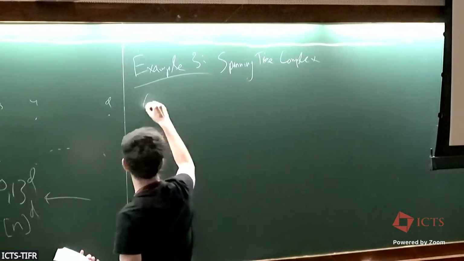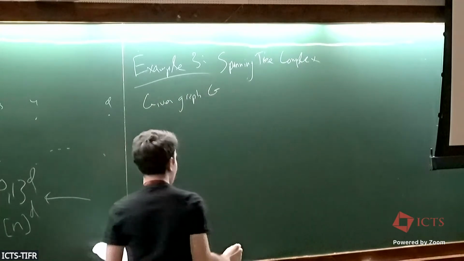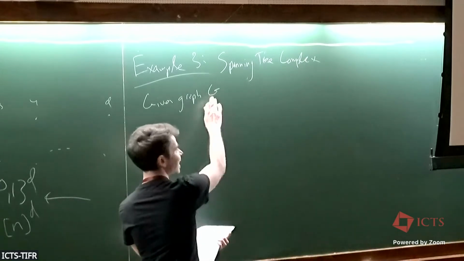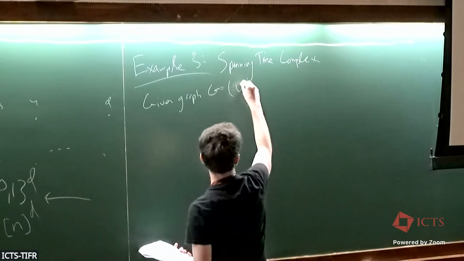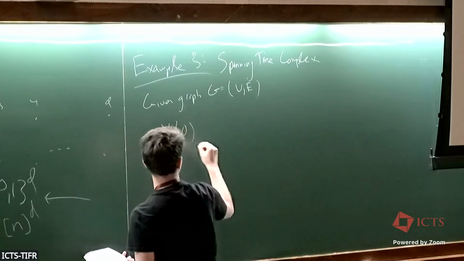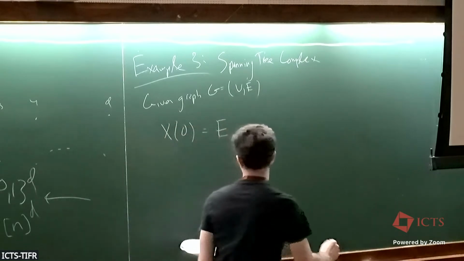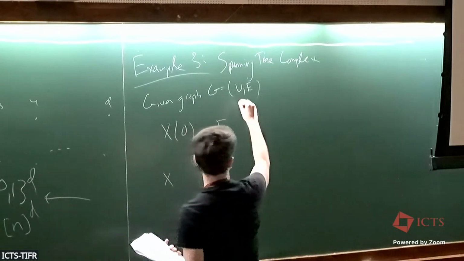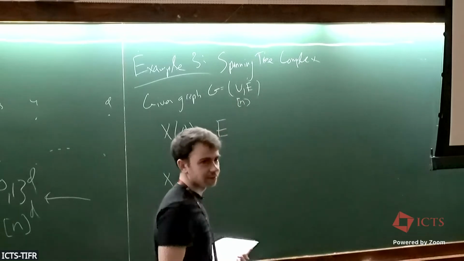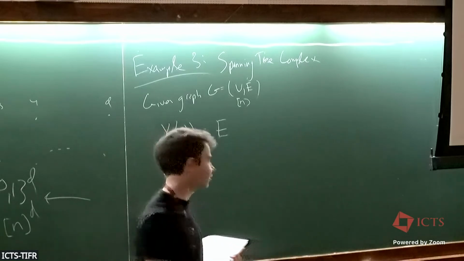This is given a graph G. I'm going to define a slightly weird simplicial complex where the vertices of the simplicial complex are going to be the edges of G. So X0, the vertices, is the edges of G. And let's say this is on n vertices. This will actually be an (n-1)-dimensional complex.